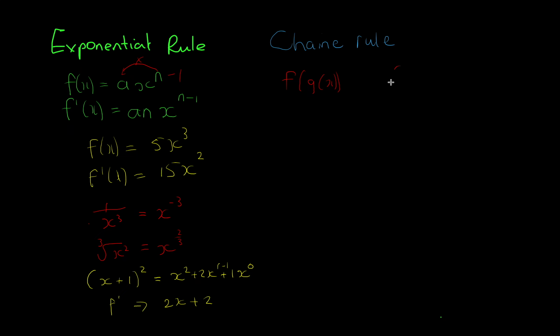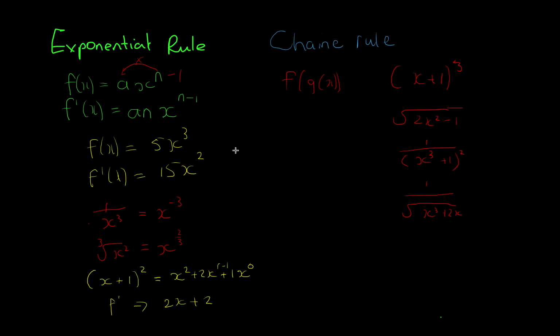An example would be the one we've done just now, x plus 1 to the power of 3, or the square root of 2x squared minus 1, or 1 over a normal term like this, or an algebraic function with a square root of x to the power of 3 plus 2x, for instance. These are all examples of where there's one function within another function.